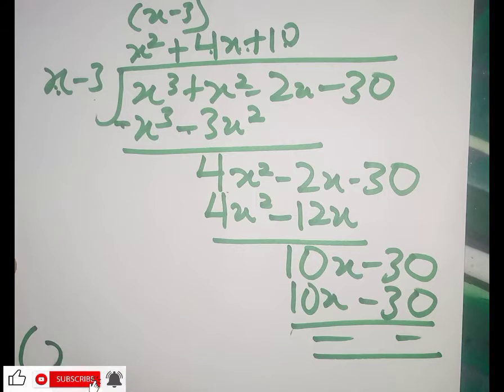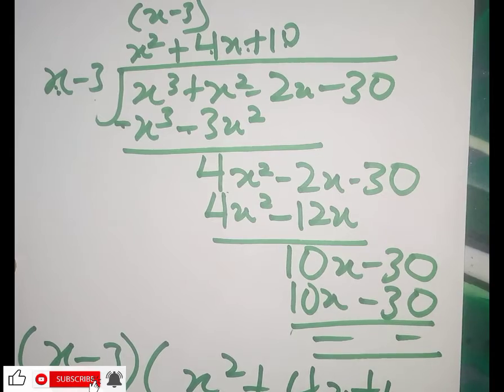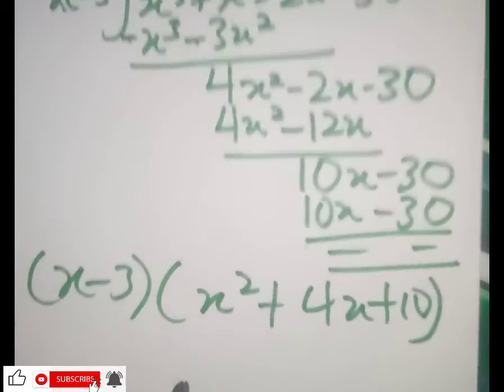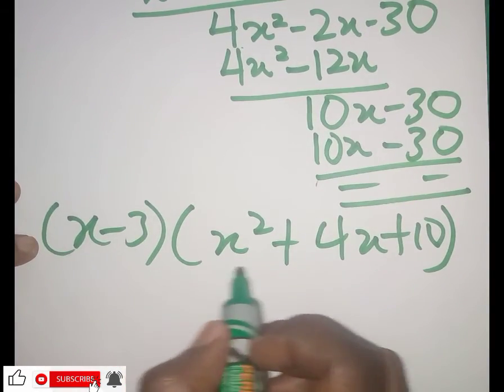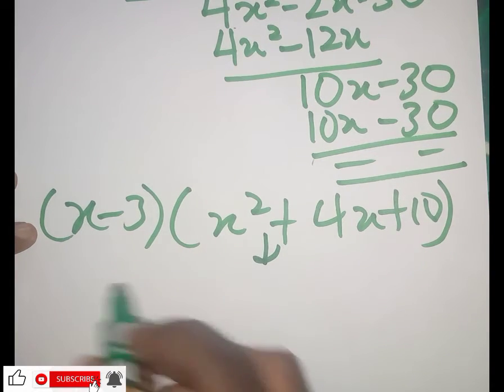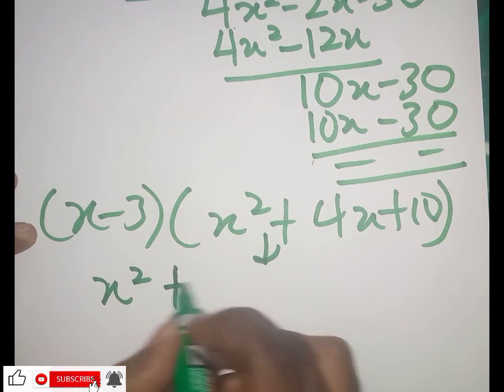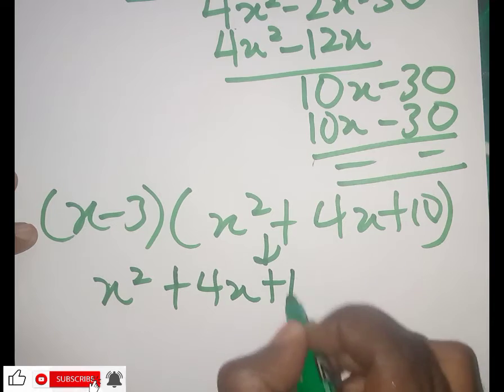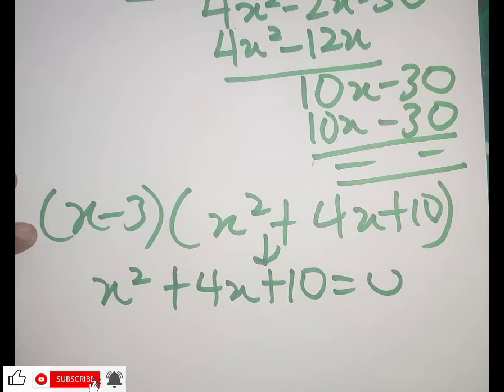So this tells us that s minus 3 and then s squared plus 4s plus 10 are the roots, or the possible values. So let's solve the quadratic equation over here. We have s squared plus 4s plus 10 equal to 0.